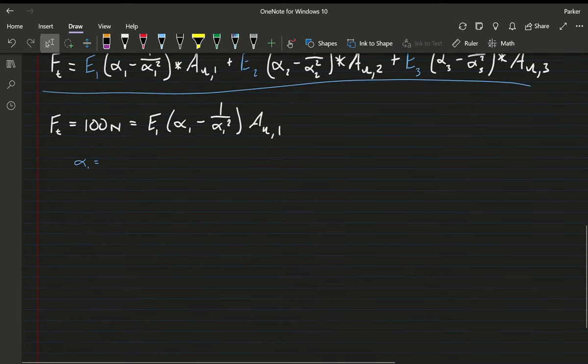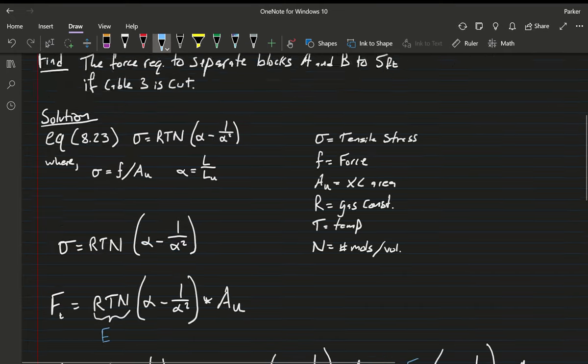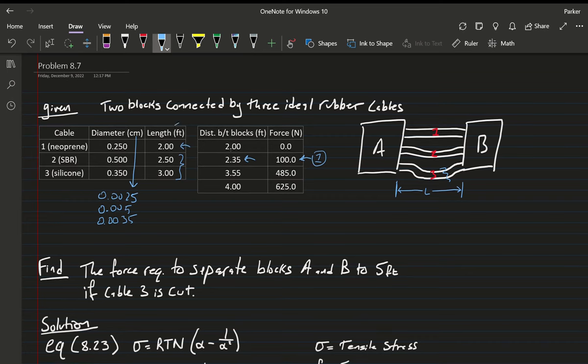So 2.35 feet over 2.00 feet, which is equal to something in my notes which I didn't write down. Anyway, we know this alpha is equal to 2.35 feet over 2.00, and since it's feet over feet, it becomes unitless. So we don't actually have to worry about our units in feet.